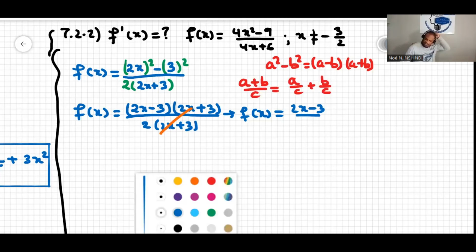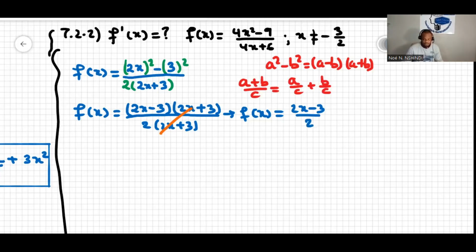So now we had it over 2. Okay. So we can write f of x as 2x over 2 minus 3 over 2, okay?